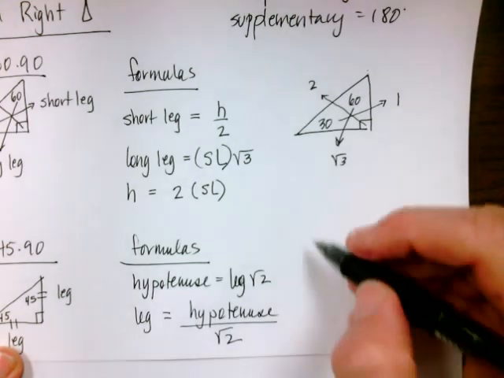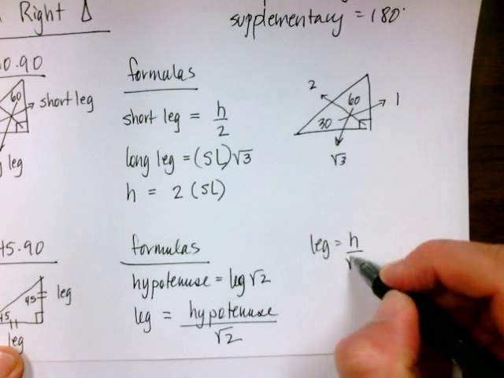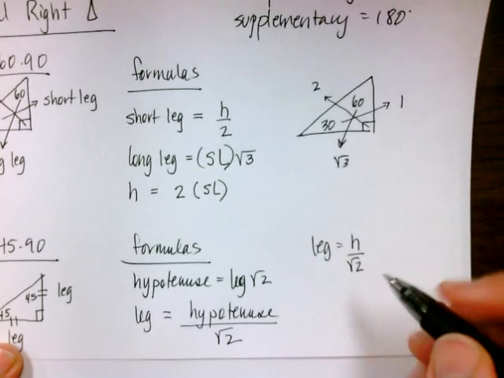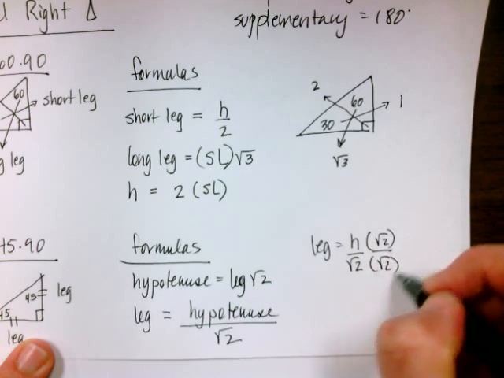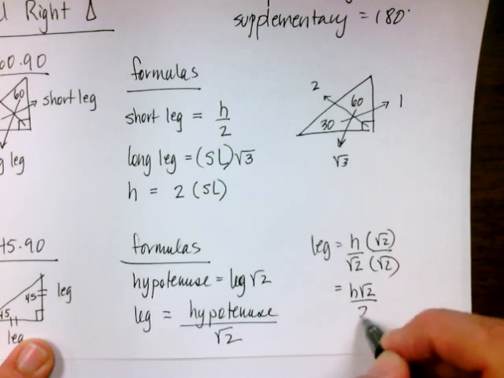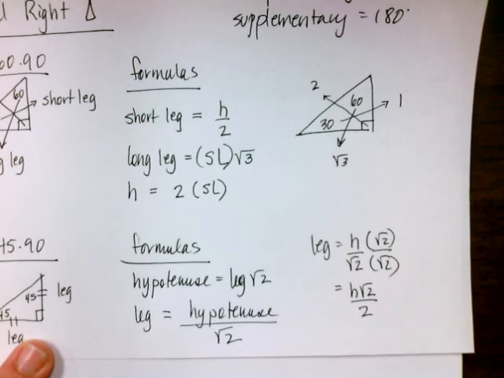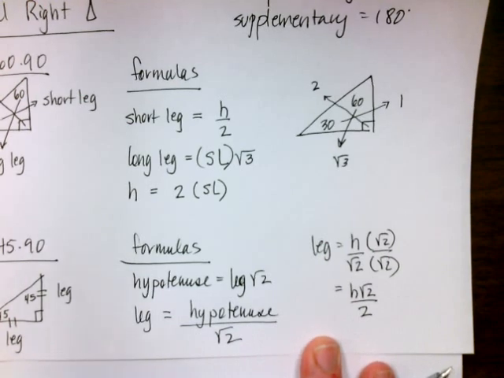This can be shown in different ways. So I'm going to write leg is equal to my hypotenuse divided by radical 2. We don't like radicals in the bottom, so I multiply by radical 2 over radical 2. So the formula turns out to be h radical 2 over 2. Okay? All right, this is the way I usually start my problem. I remember that it's the hypotenuse divided by radical 2, and then I manipulate the formula as I need to.